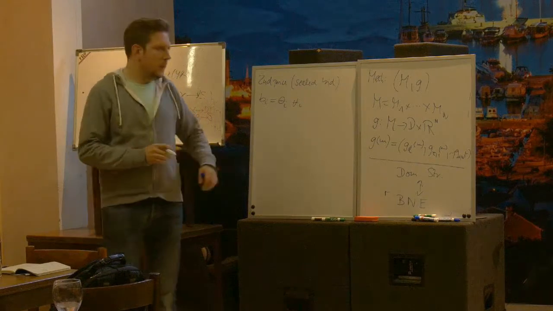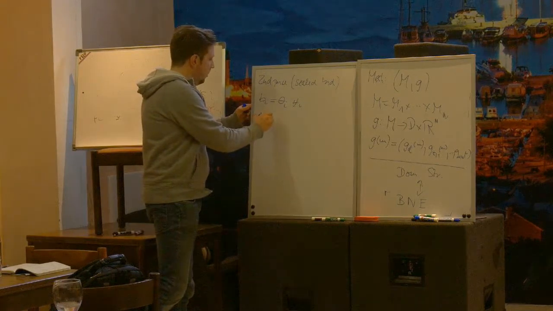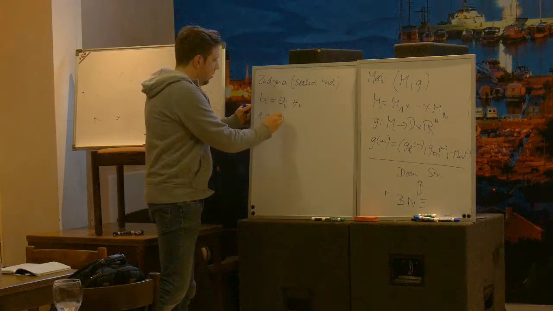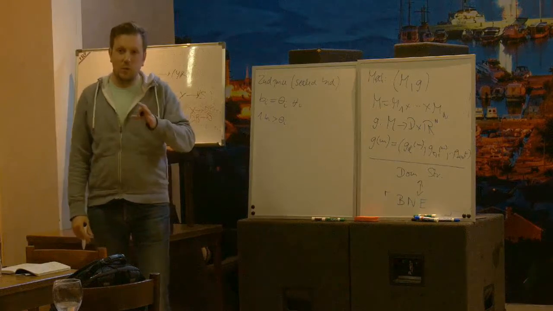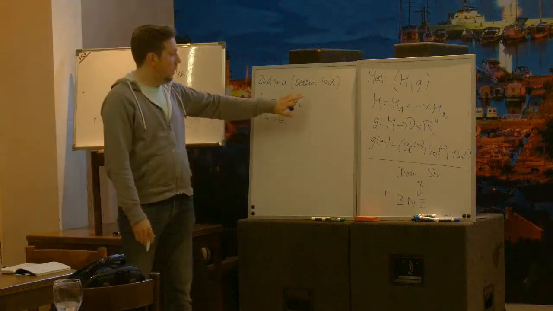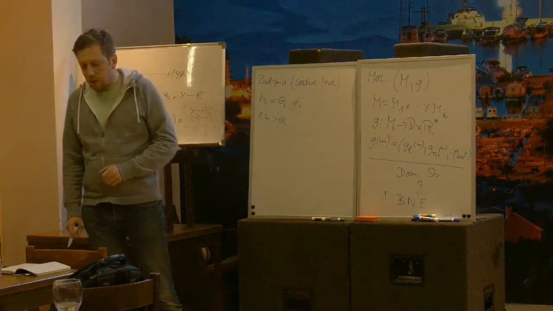How does it work? Well, suppose there are two cases you have to consider. Suppose B1 is larger than your theta 1. Is this an equilibrium strategy? Keep in mind that we keep all the other strategies fixed, so everyone else is bidding according to his evaluation.